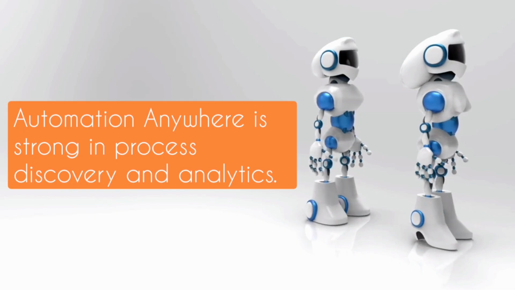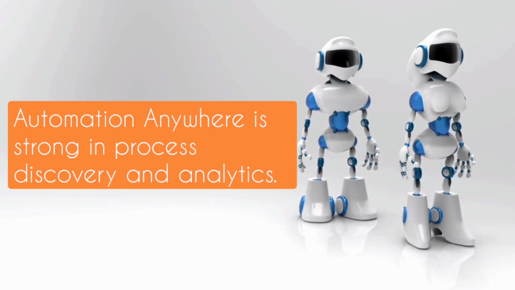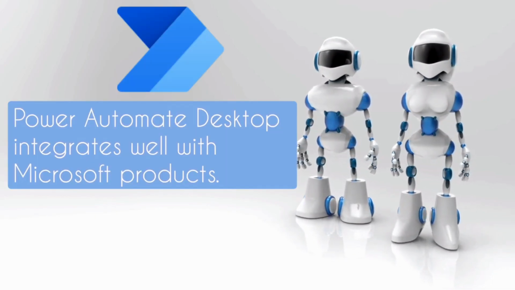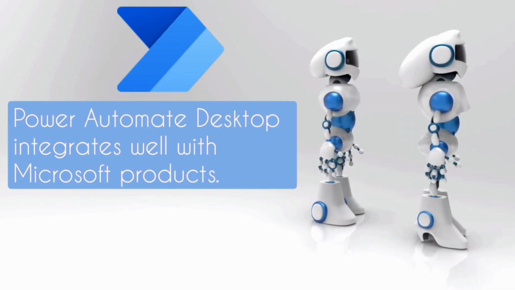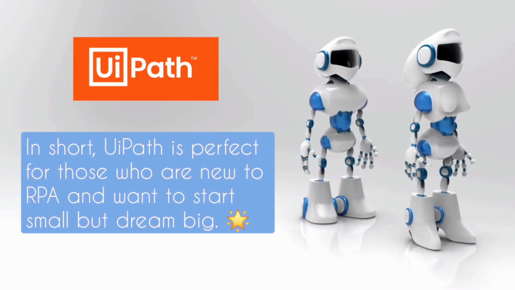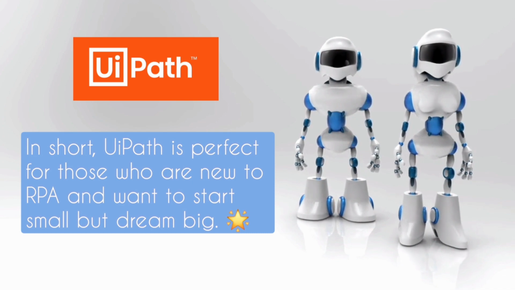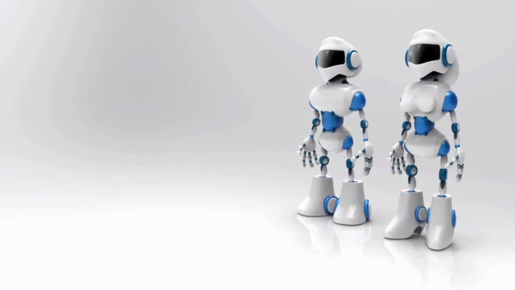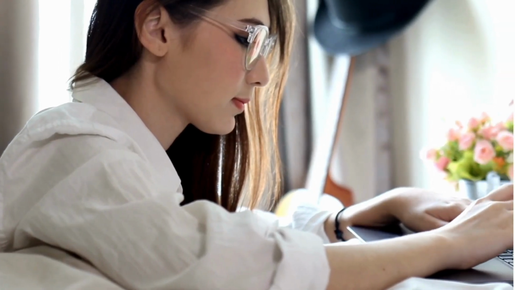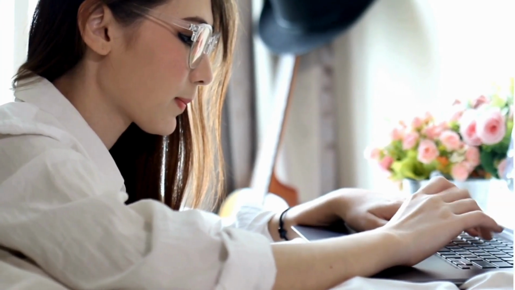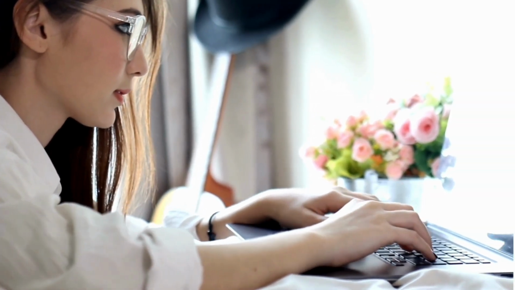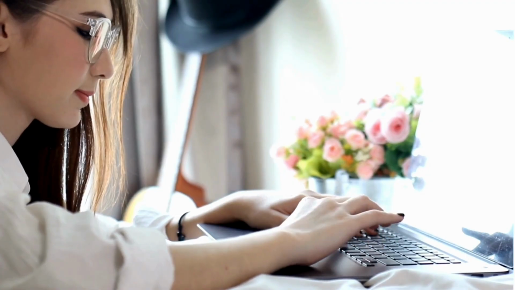Automation Anywhere is strong in process discovery and analytics. Power Automate Desktop integrates well with Microsoft products. In short, UiPath is perfect for those who are new to RPA and want to start small but dream big. If you learn UiPath first, then it is very easy for you to learn other RPA tools.